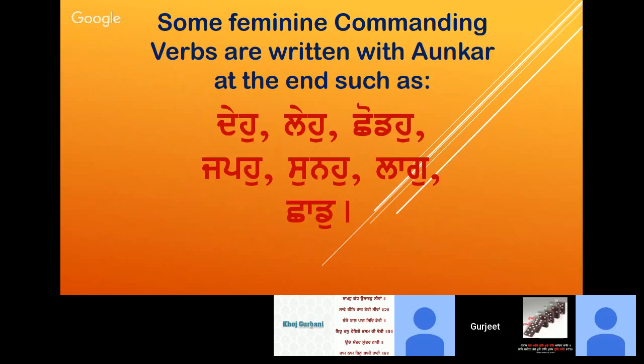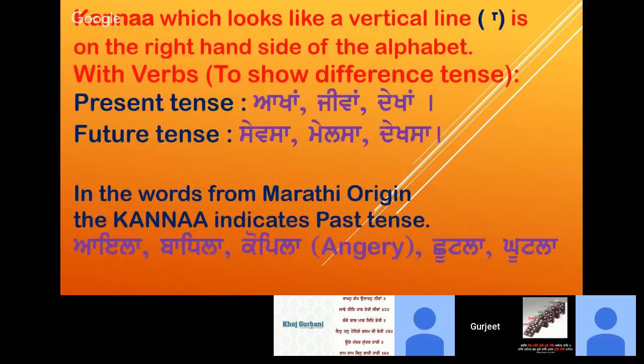So now I'm slowly coming to the matras, how the matras are helping on the last letters to show us the different forms of the tenses. So these are all commanding verbs. Then we can start with the Kanna, the first matra. So Kanna is a vertical line, we all know.